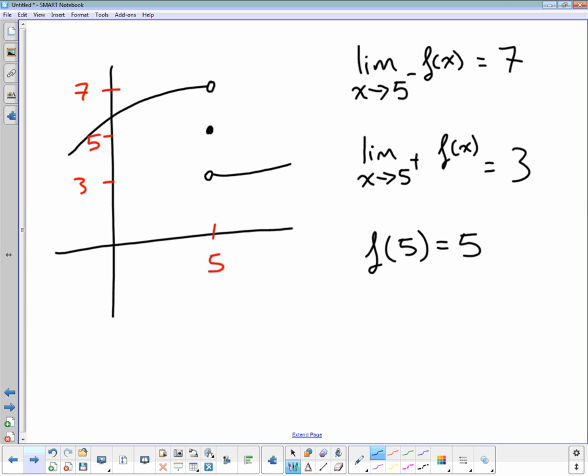So things don't have to play nice. Now, what if I was approaching from different directions at the same time? If I was taking the true limit as x just approaches 5 of f of x, what is this? What do you think that is?